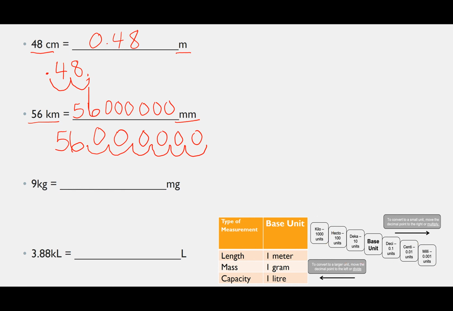Okay, now we have 9 kilograms to milligrams. So we start with kilograms, and we're moving all the way down to milligrams.